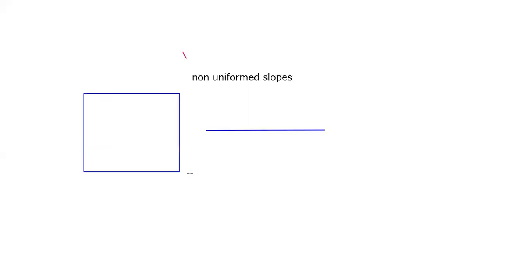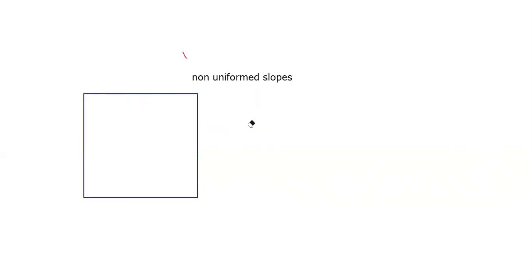Let me draw a box here. Let me erase this. Okay. I'm drawing a box right here. Right? So this happens, right? At the beginning, you notice that the slope is very large.